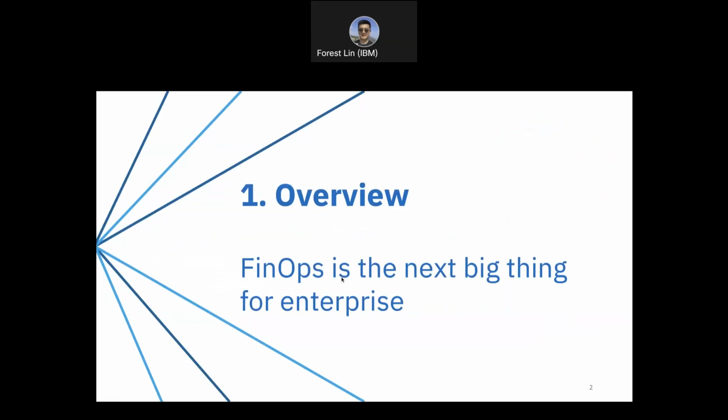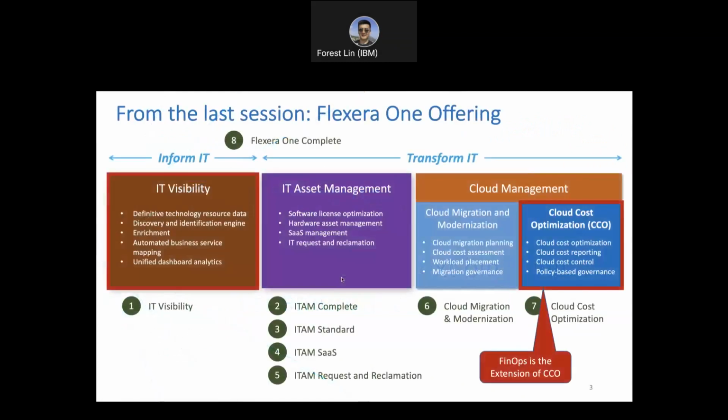Okay, overview. So what is FinOps? This slide is from the previous session, a summary of Flexera One. As you can see from these slides, Flexera One includes 3 different components: IT visibility, IT asset management, and cloud management. In cloud management, there are 2 subcomponents: cloud migration and modernization, and cloud cost optimization, which is called CCO.